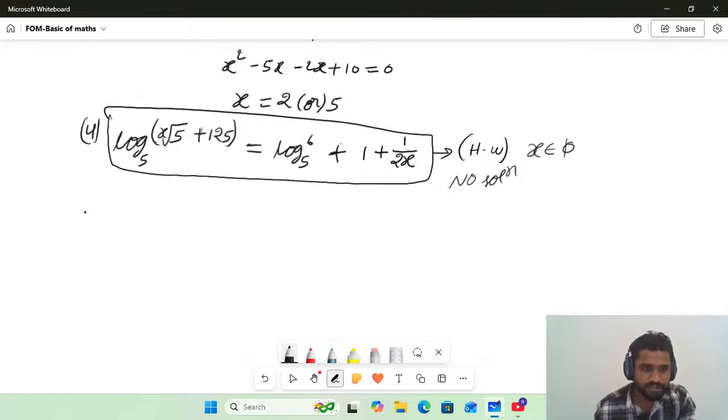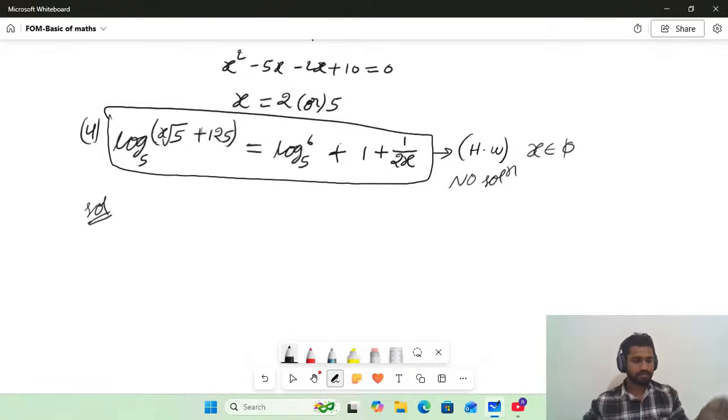So the solution for this is, one minute, let me put it again here. How to solve this homework question? Let's see here.